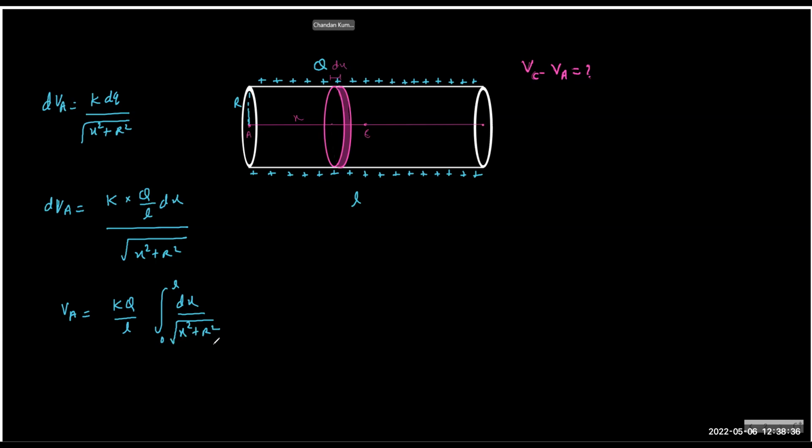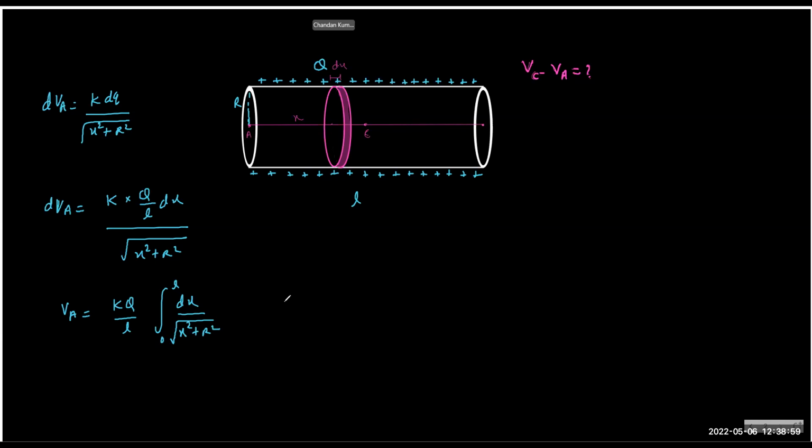Yes, sir. So Q by L is the charge per unit length. Q is the total charge, so we are dividing in terms of length. Why are we dividing it only along the length? Because it will give you the same answer. If you want to write the sigma, it's all around. The charge is everywhere, not only on the upper and bottom line.